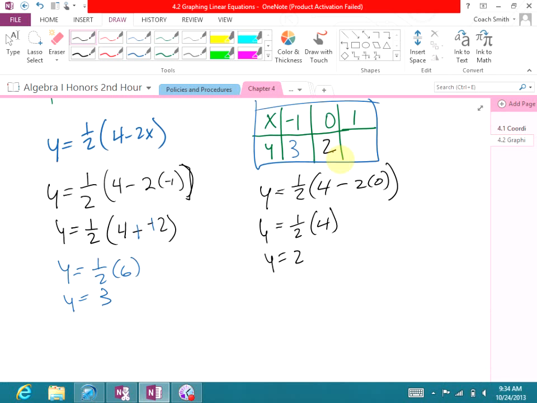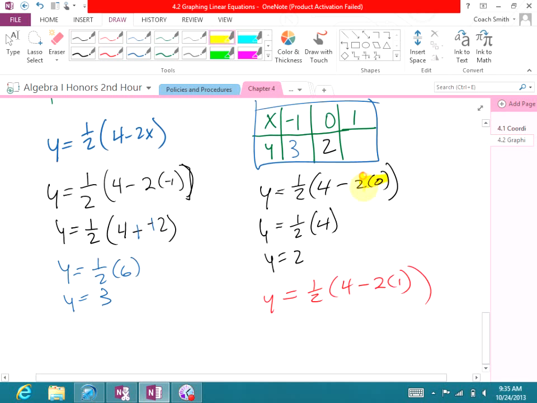Now, when x is equal to 1, so y is equal to 1/2 times 4 minus 2 times 1. How you got 2 is, how did you do it? Because it's 4 minus 2, would you change? No. 4 minus 2 times 0.